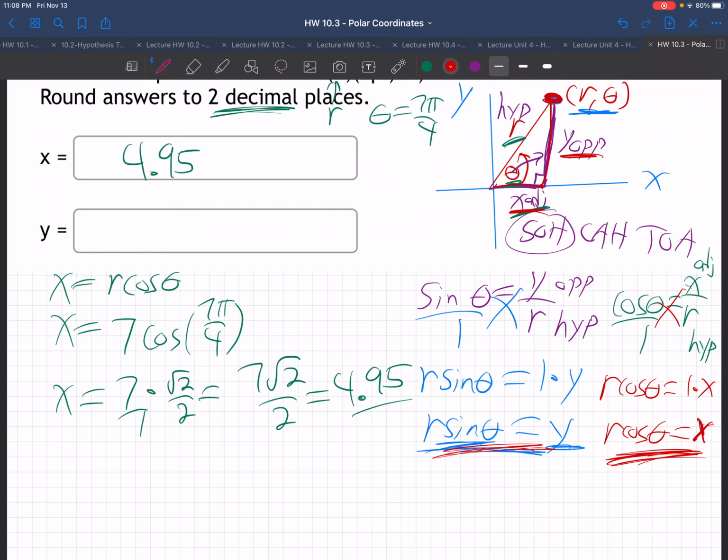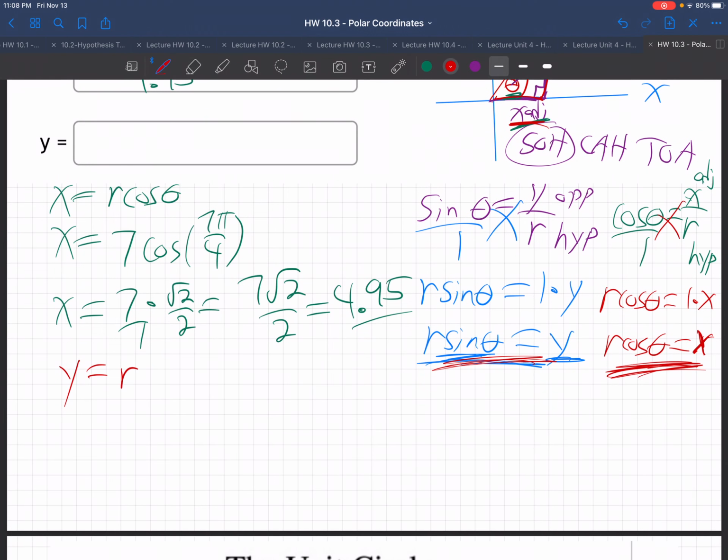And then for the y, y equals r, not cosine, sine theta according to the formula, r times sine of 7 pi over 4. So just hit the buttons on your calculator. 7 times the sine of 7 pi over 4.